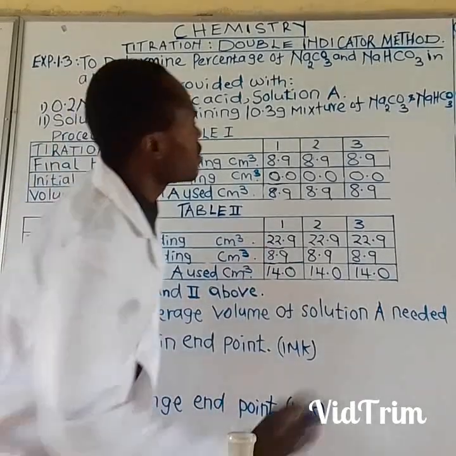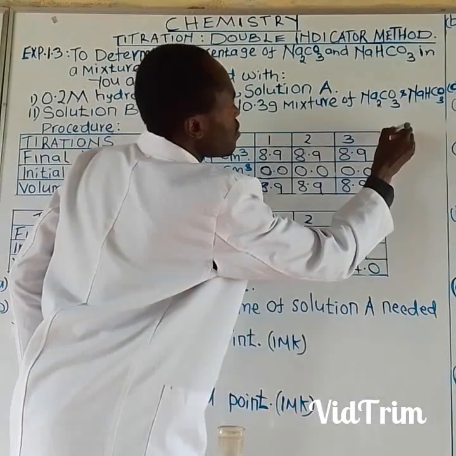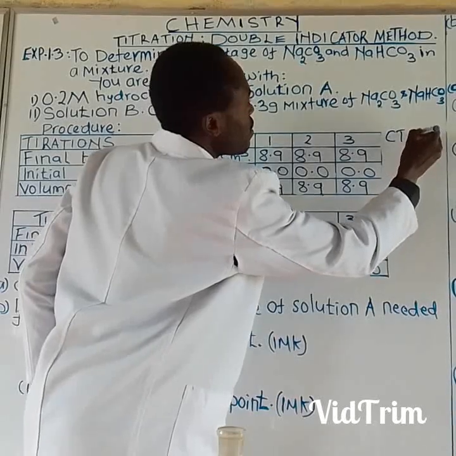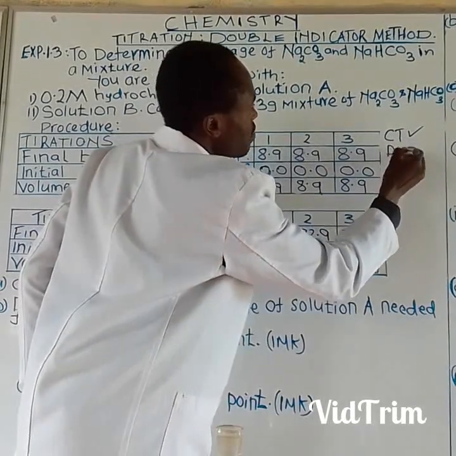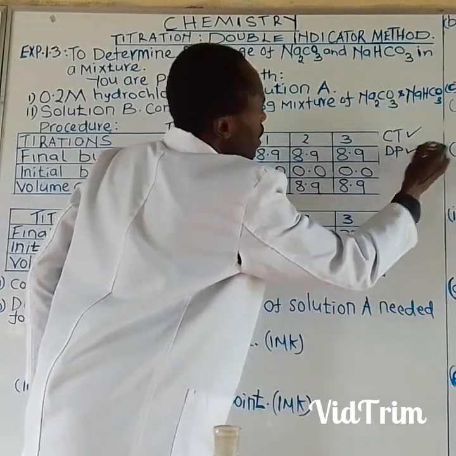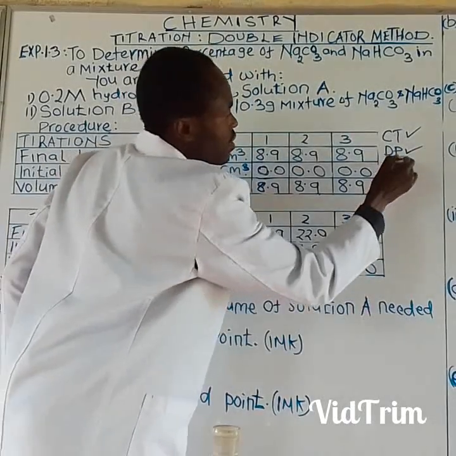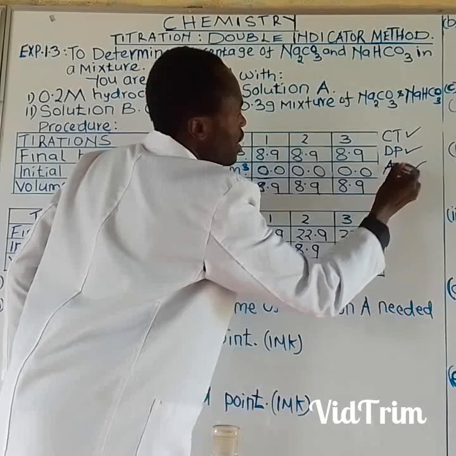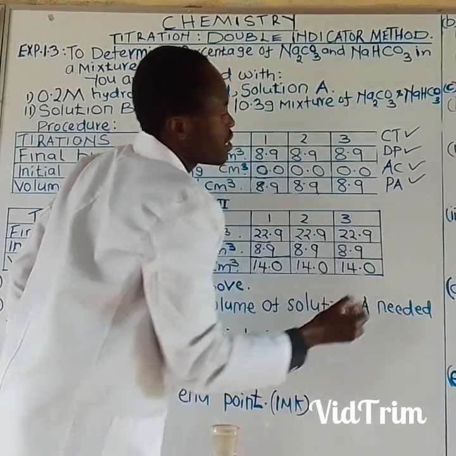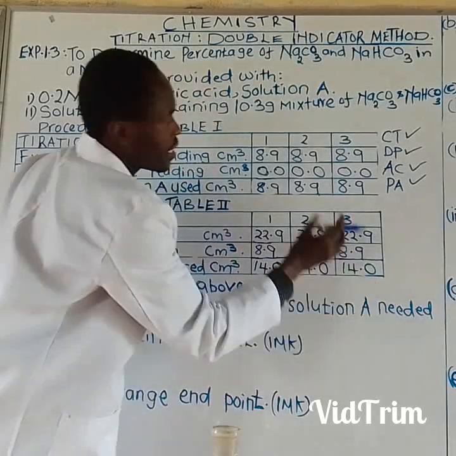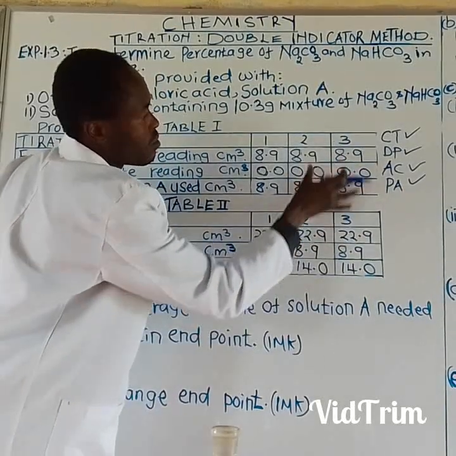During marking, we look at complete table, we earn your mark. Decimal place, we earn your mark. Accuracy, we earn your mark. Principle of averaging, we earn your mark. That is for table 1.